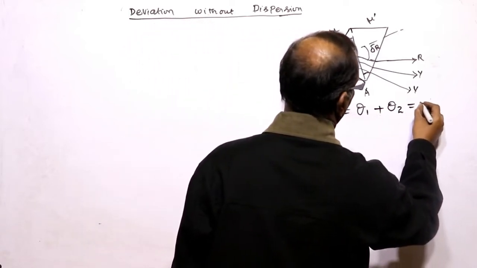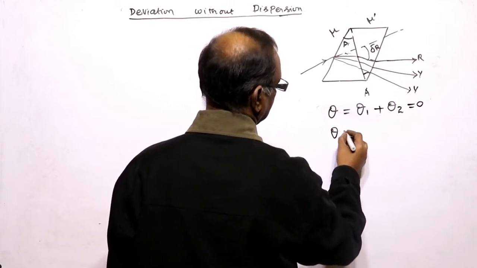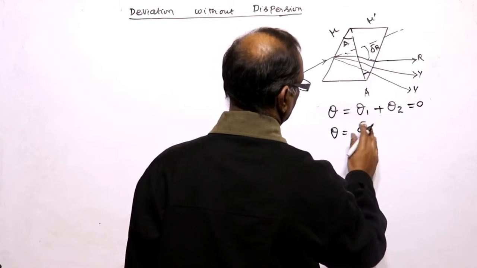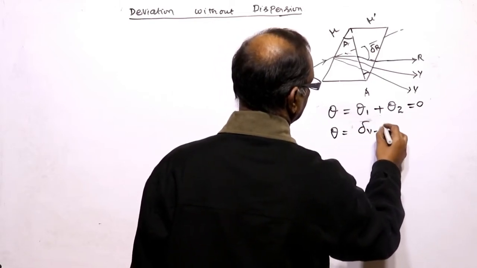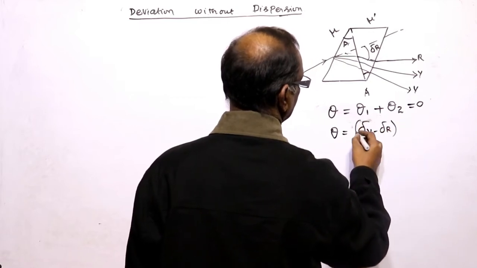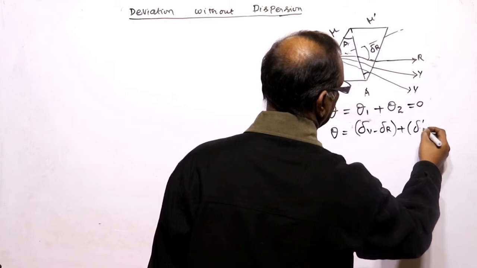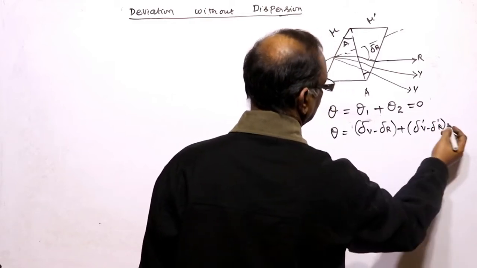As we have seen, theta is equal to rho of V minus R for the first one plus rho dash V dash minus R dash, which is equal to 0.